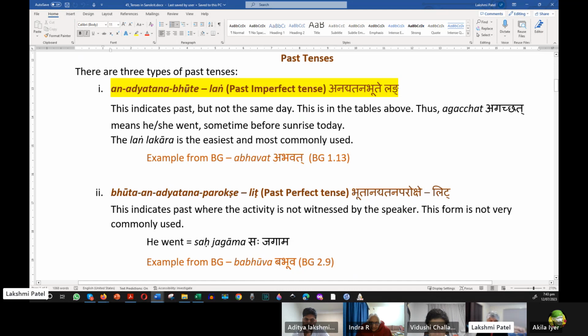anadyatana bhute. Now I want you to look at the word adyatana. What does adyatana mean? Remember we did adyatana?